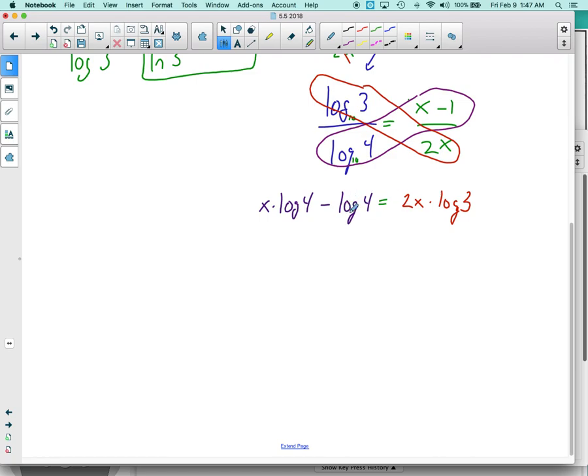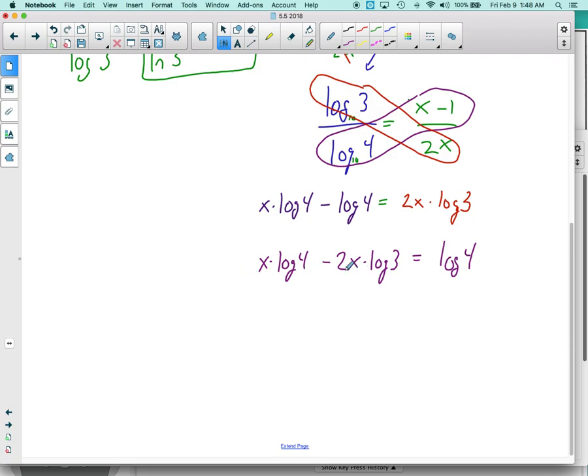It's the only real advantage. So I'm going to subtract the 2x log of 3 and add the log of 4 to this side. So I have x times log of 4, minus 2x times log of 3, equals positive log of 4.